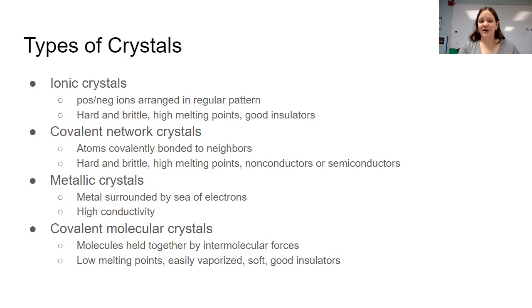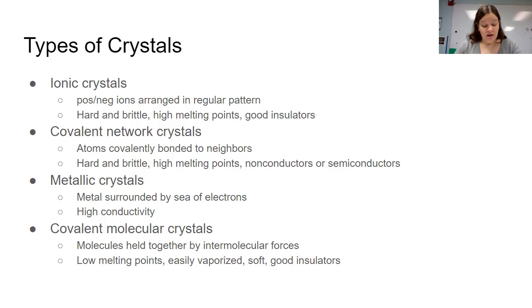They're going to be made up of positive and negative ions, like table salt. So you have this very regular pattern of the ions that are alternating around. In their solid state, they're going to be hard and brittle. So it's a hard substance, but it will break apart. They have high melting points and they make good insulators.